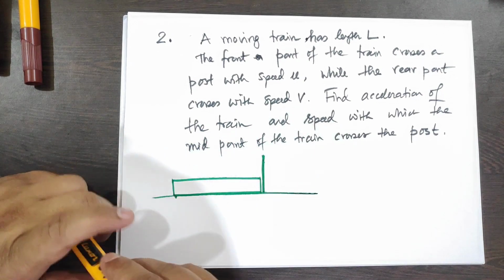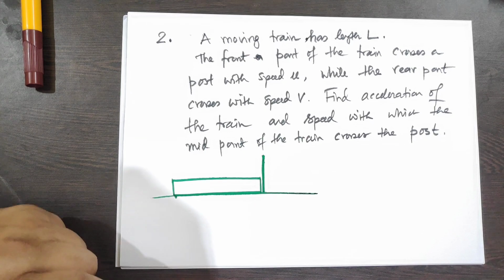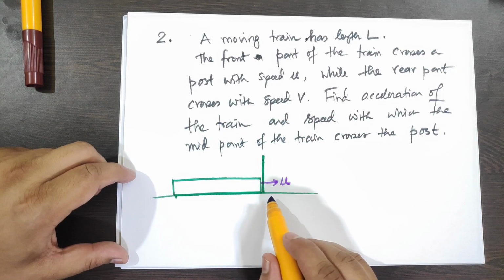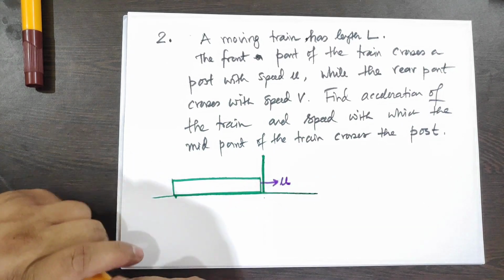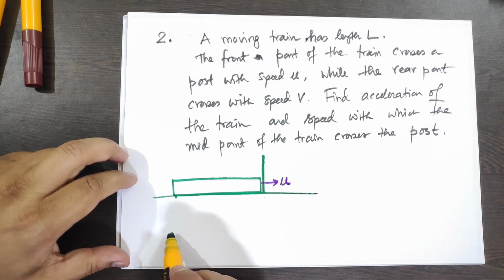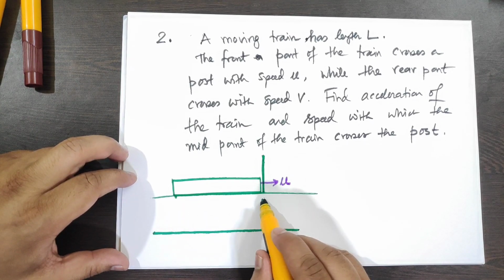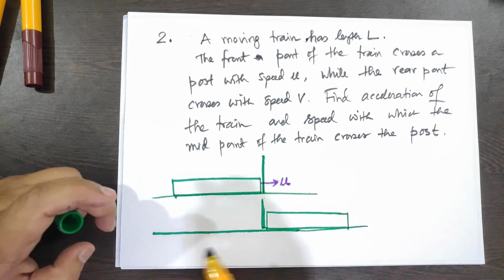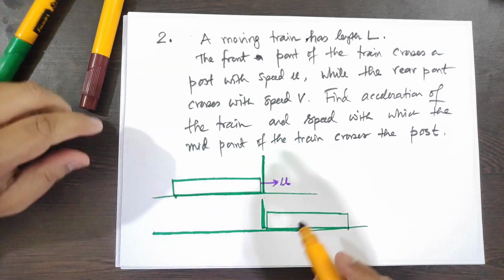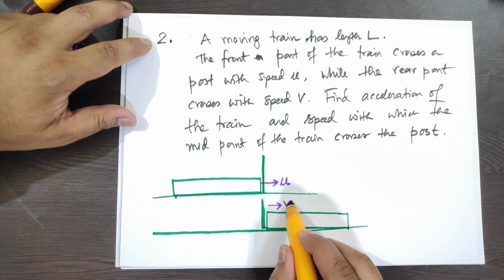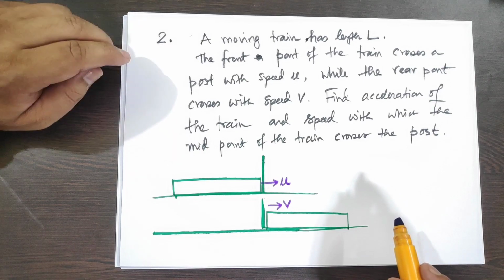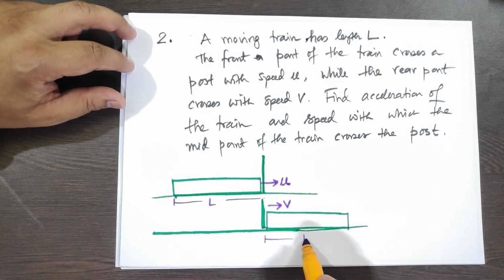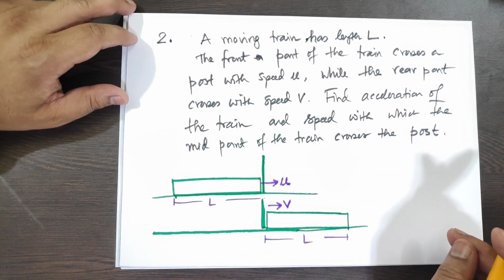So the front end of the train crosses the post with the speed u, and then in the next diagram, just below it, the post is stationary and the rear end of the train crosses it with speed v. So obviously this is the length of the train L, so find the acceleration of the train.